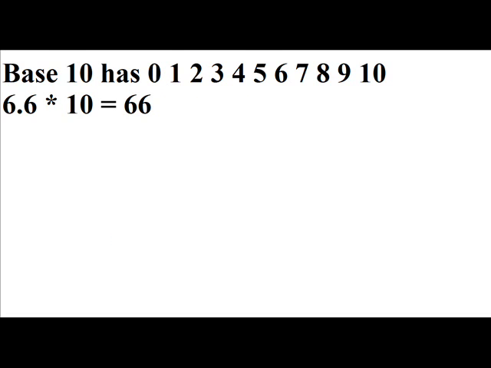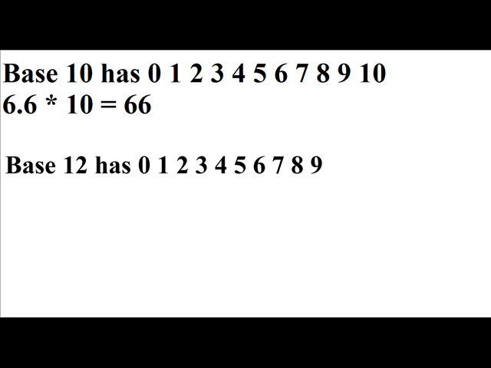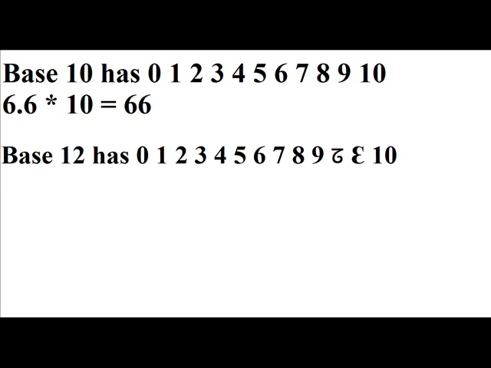Base 10 has 0, 1, 2, 3, 4, 5, 6, 7, 8, 9, 10. In base 10, 6.6 times 10 equals 66. Base 12 has 0, 1, 2, 3, 4, 5, 6, 7, 8, 9, dec, L, do.